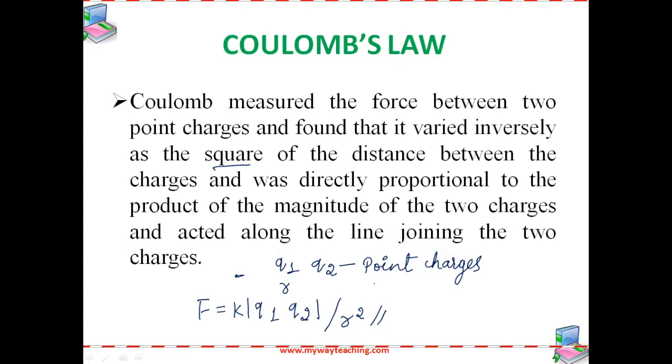How did he find this? Coulomb used a torsion balance for measuring the force between 2 charged bodies, and he measured the force between 2 metallic spheres.